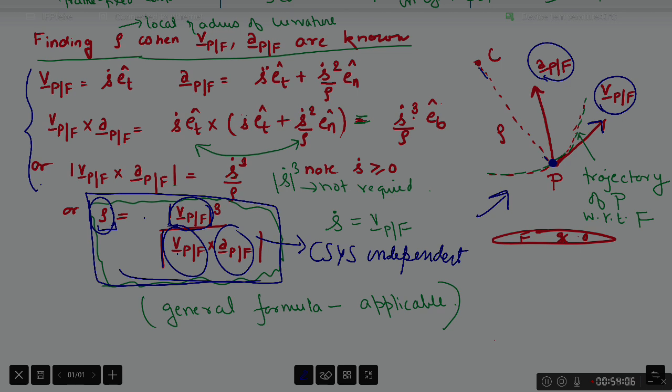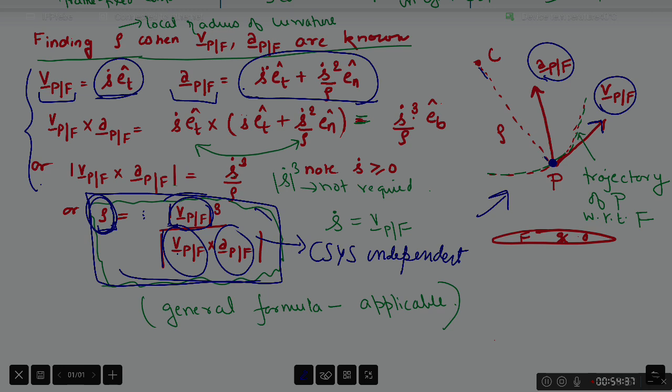However, this relationship can readily be proved using the expressions of VPF and APF that we obtained using the path coordinate system. If you take VPF to be S dot ET, and APF to be what we derived 10 minutes ago, and put these two terms on the right hand side, you will end up having rho as the only surviving term.